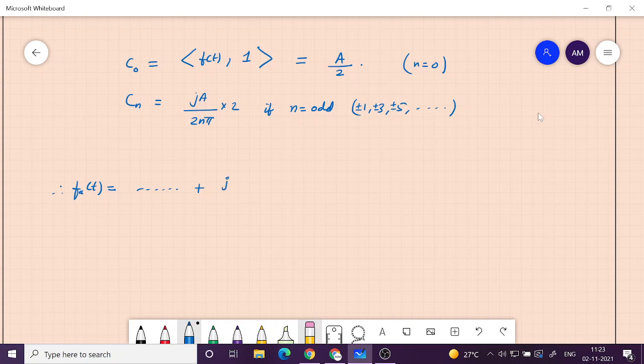So ja, so this 2 will cancel, so I will get minus j a by, so minus 3, if I put n equal to minus 3, so this minus is coming like this, so 3 pi.